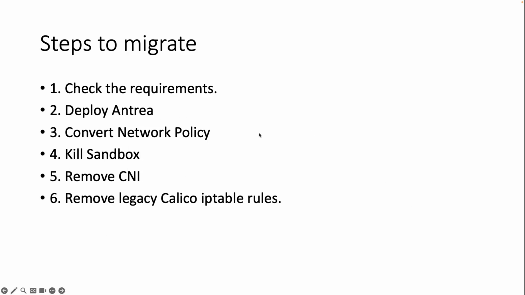The next is to convert network policy, and the most important part is kill sandbox. This step helps us restart the pods on the node in place. And the last 2 steps are removing the Calico CNI and removing the leftover Calico iptables rules. Those are the steps. I will show you the details of the steps later.